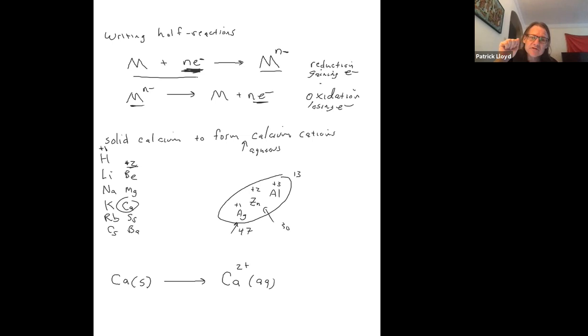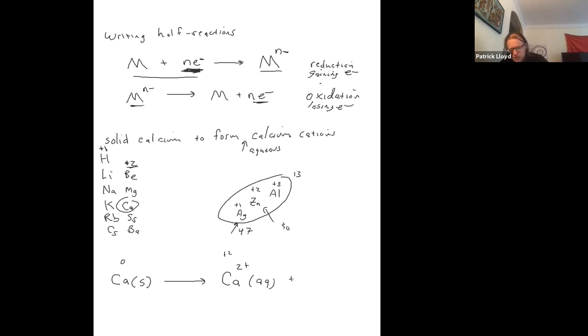The way we're going to balance these half reactions is by adding electrons to the more positive side, right? Electrons are negative. So if one side is more positive than the other side, adding electrons to the more positive side will make it less positive. So if you take a look here, our charge over here is 0. Our charge over here is +2.